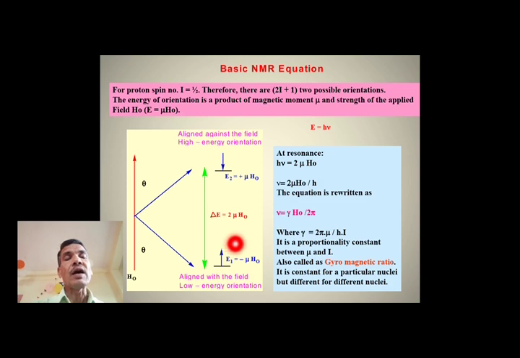This is the alpha state. The other orientation, E2, generates a magnetic moment against the externally applied magnetic field. Therefore, it is the high energy state and E2 is equal to plus mu into H0. Therefore, delta E is equal to 2 into mu into H0.